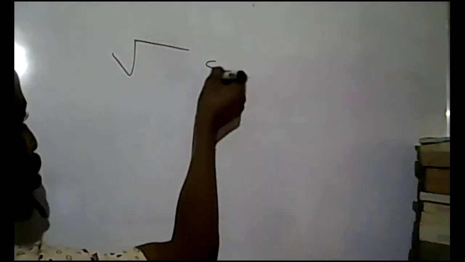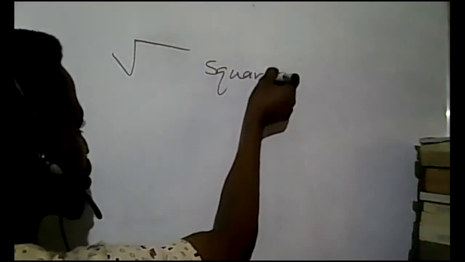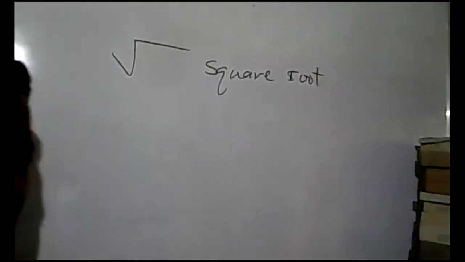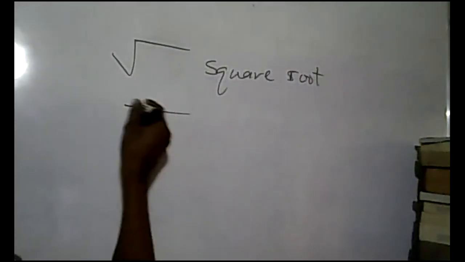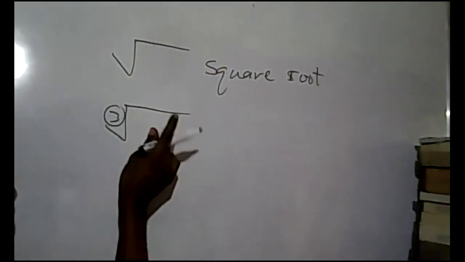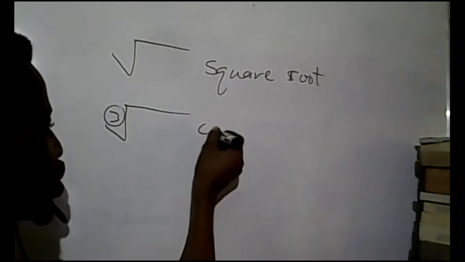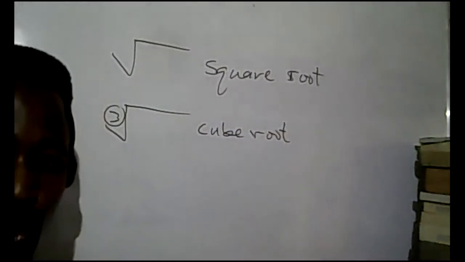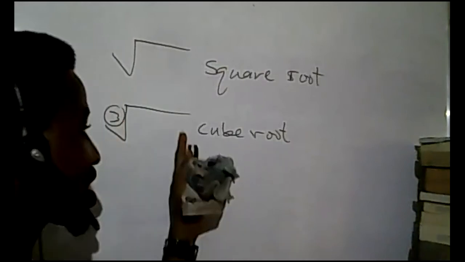That's the symbol for square root. If I write 3 here, it is the symbol for cube root. Is that clear? This is the symbol for cube root.